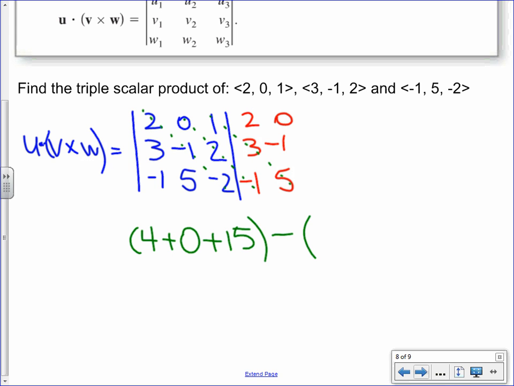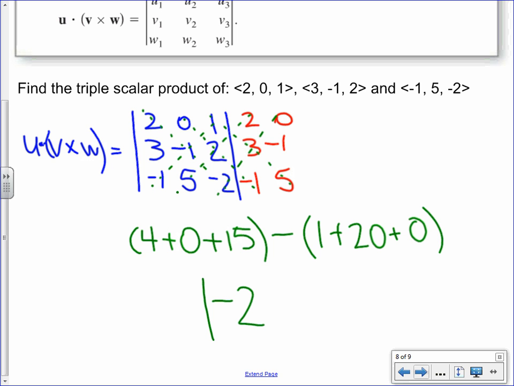Okay, and then we're going to subtract the products. 1 plus. So we have 19 minus 21. Negative 2. You ever see that vine? No, literally, I just said it right away. All right, and that's our triple scalar product.